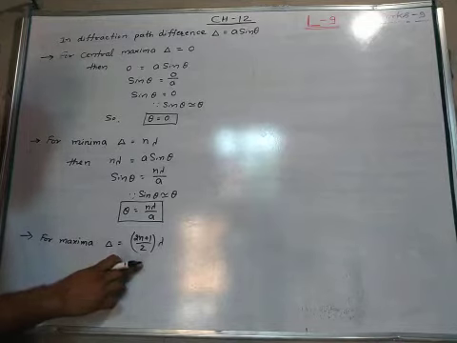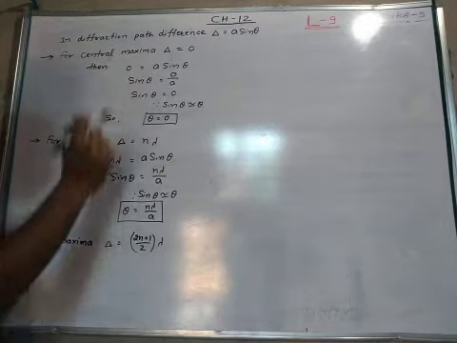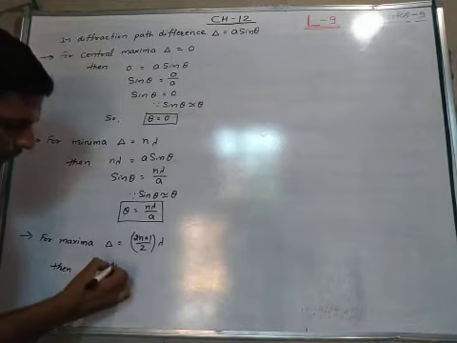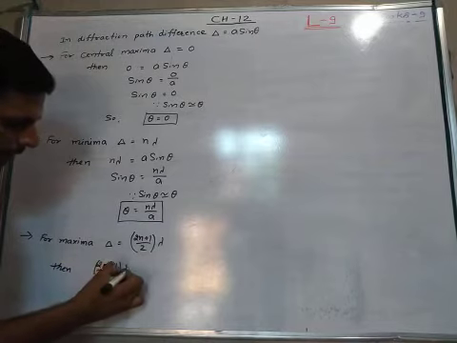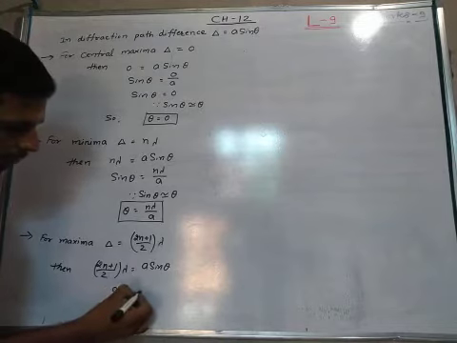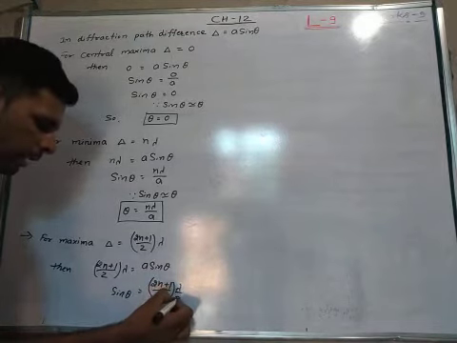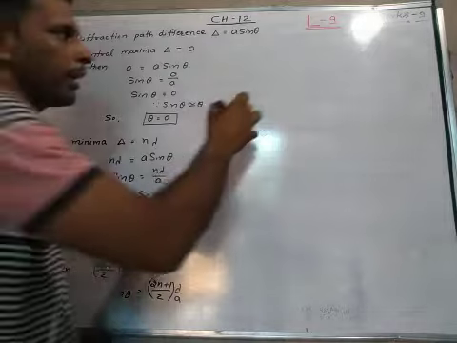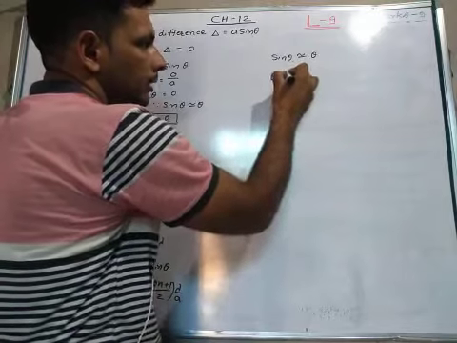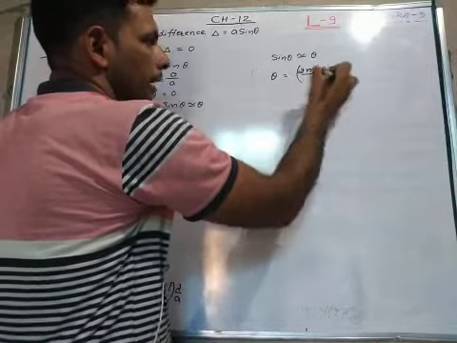Putting this value of delta in the above equation, (2n plus 1) by 2 lambda equals a sin theta, so sin theta equals (2n plus 1) lambda upon 2a. For small angle, theta equals (2n plus 1) by 2 lambda upon a.